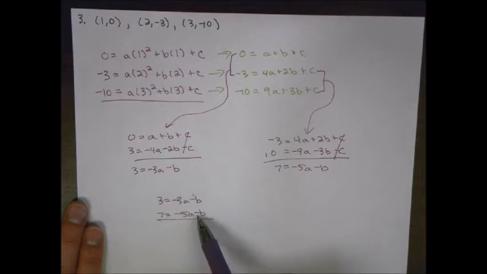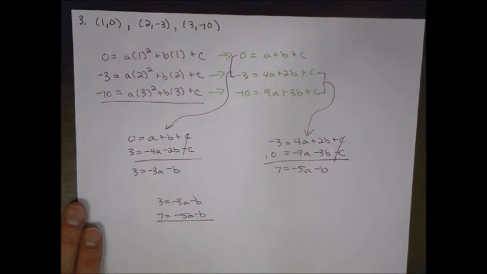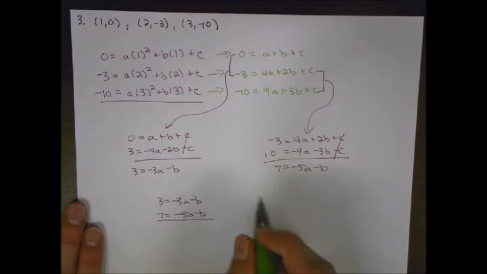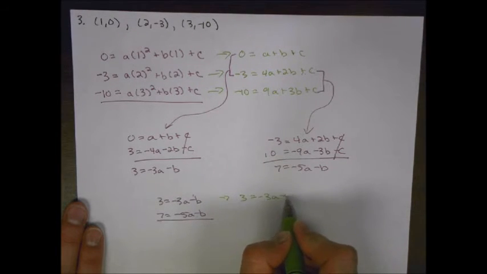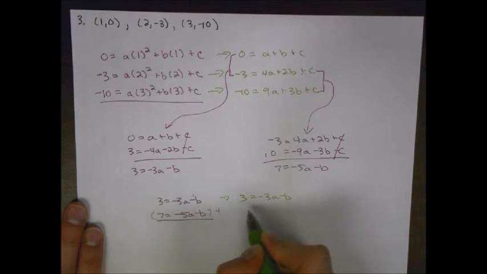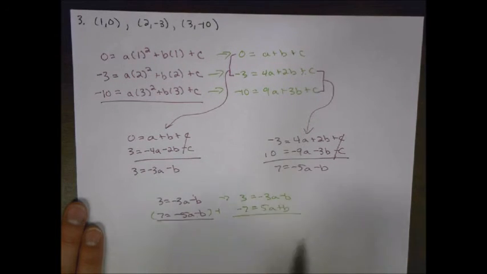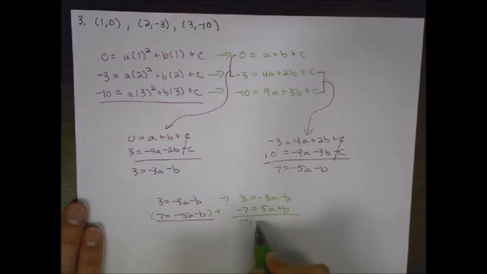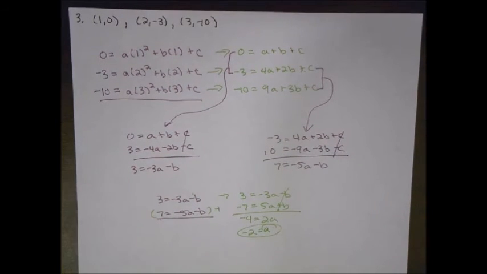I need to change one of my b's. So I'm going to keep the top one the same. And the bottom one I'm going to times by a negative 1. I get negative 4 equals 2a. B's cross out. A equals negative 2. I have my first letter.